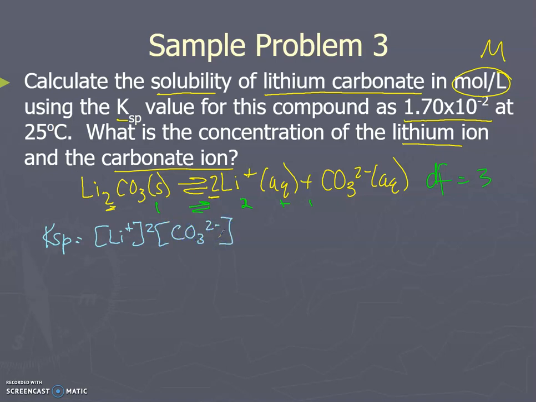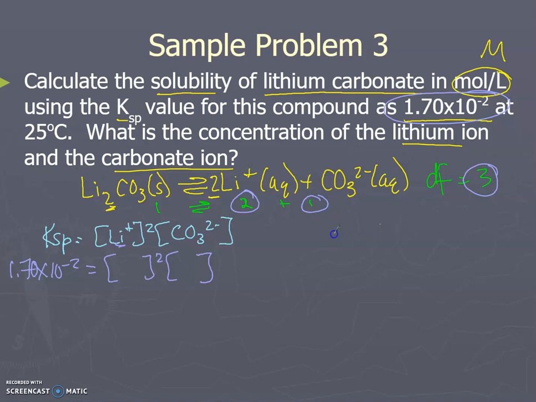All right, so what am I going to plug in for my values? I know that my solubility expression is 1.70 times 10 to the negative second. What am I going to plug in here? Well, if I have a dissociation factor of 3, it means I have twice as much Li as I do CO3.